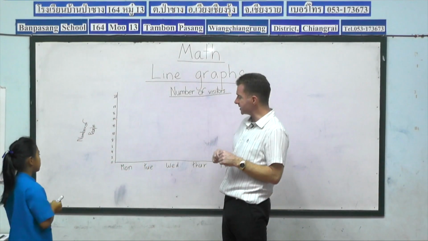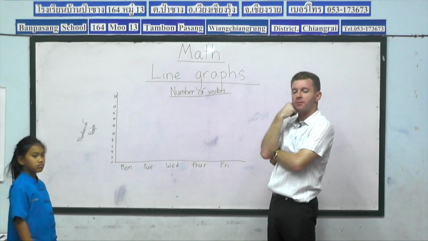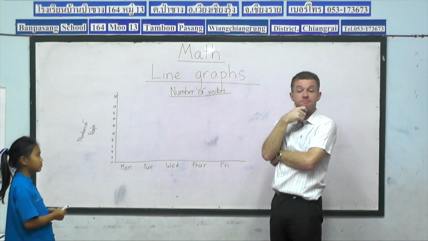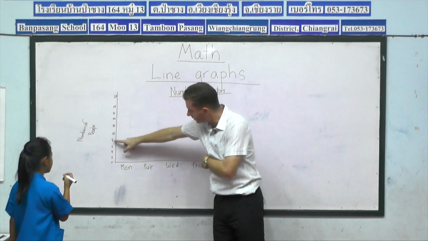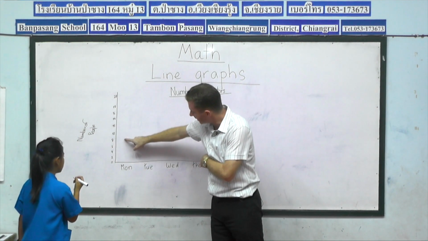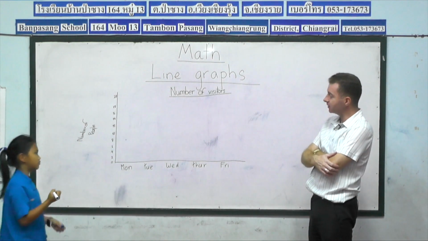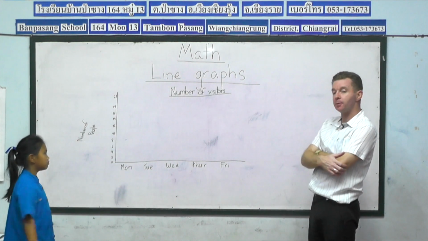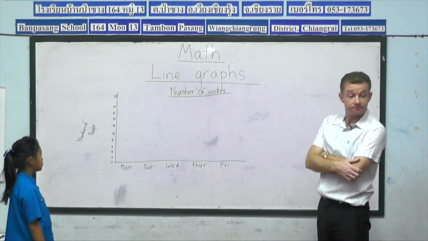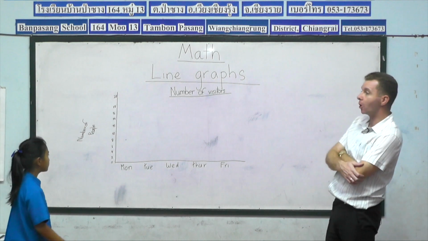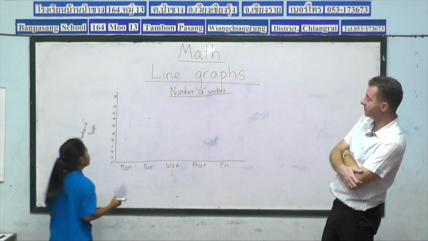So let's think, guys. On Monday, how many visitors did we have to our shop? 8. Okay, so let's find 8 on the scale, and then Monday, so we'll have a data marker here. Excellent. So now we know 8 people on Monday. But how about Tuesday? 14. Okay, we'll go with 14. Brilliant.